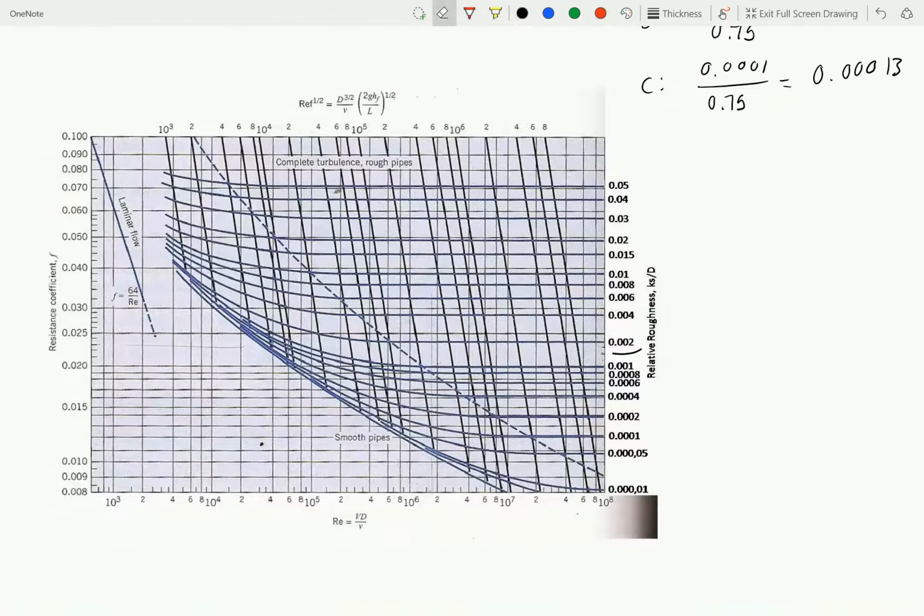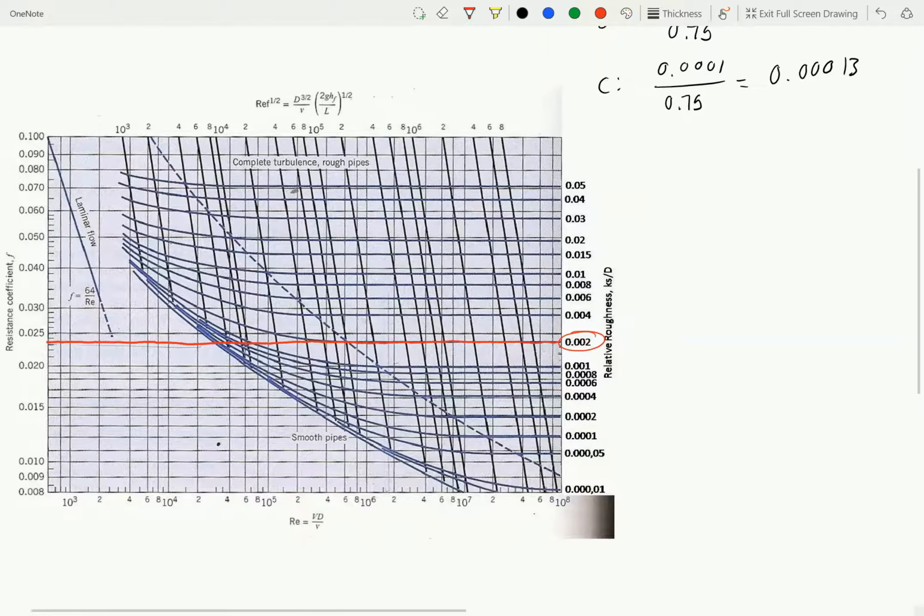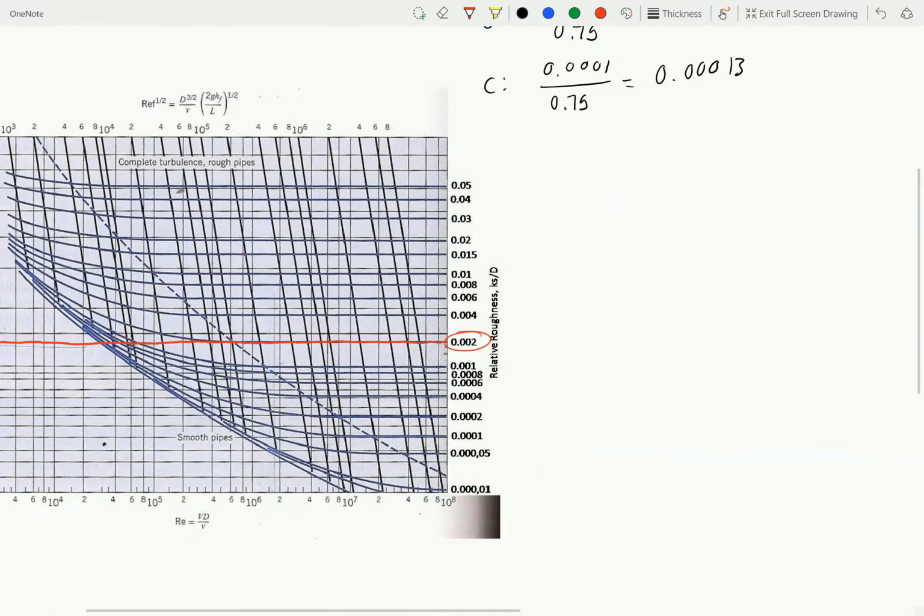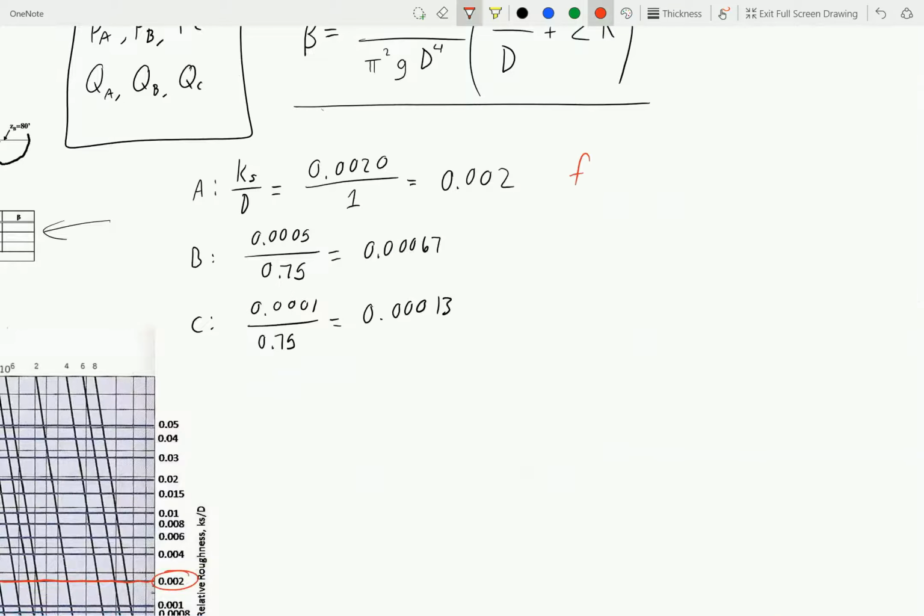We just read this straight across, and I'm going to say we get 0.023. So our FA is 0.023.